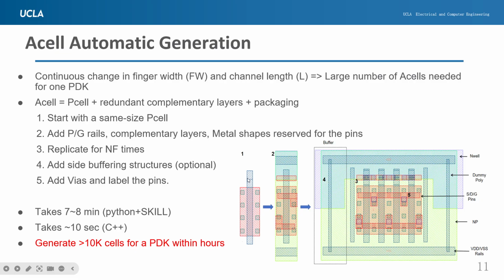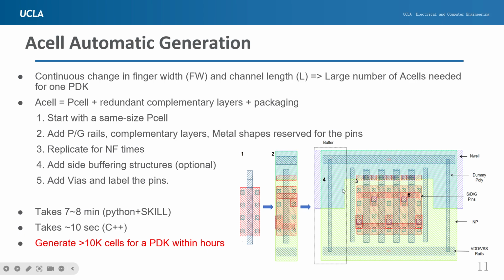We first start with the same size P cell. We add power ground rails and some complementary redundant layers for abutability. We also add some metal shapes for the pins, and we replicate this small structure for a number of finger times, and we will derive the core part of an A cell.